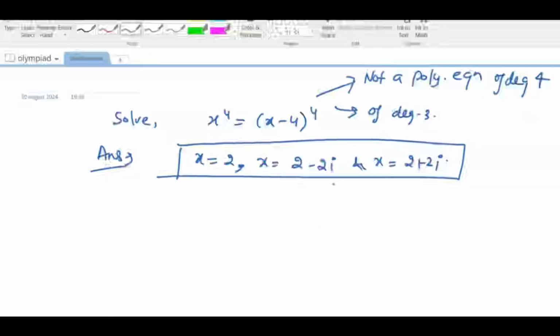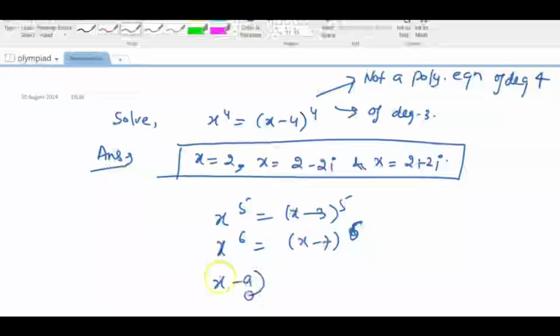With this approach, even though it may seem lengthy, you can solve any equation now. Even if it was x to the power 4, x minus 3 to the power 5, x to the power 6 is equal to x minus 7 to the power 6, or x minus a to the power m is equal to x minus b to the power m.